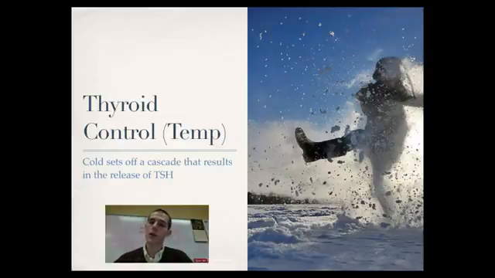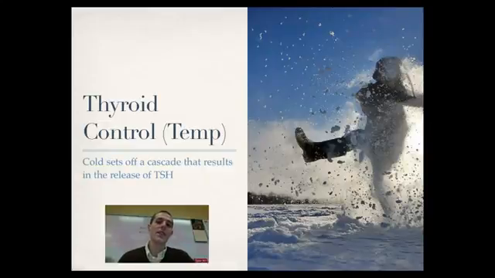So the cold works on the body. That cold ends up stimulating the hypothalamus, saying, hey, it's too cold, we need to speed up metabolism. Once the hypothalamus has been stimulated, it sends out a hormone signal to the anterior pituitary, and the anterior pituitary sends out a hormone called thyroid stimulating hormone, TSH.